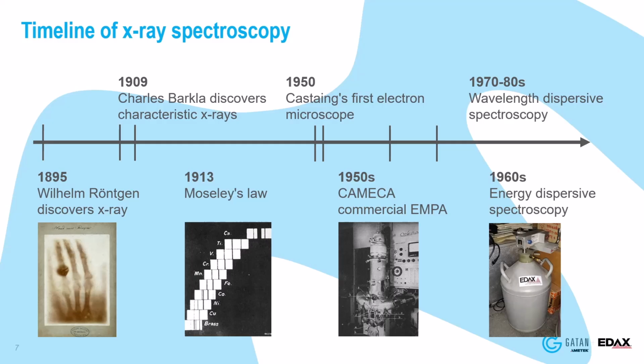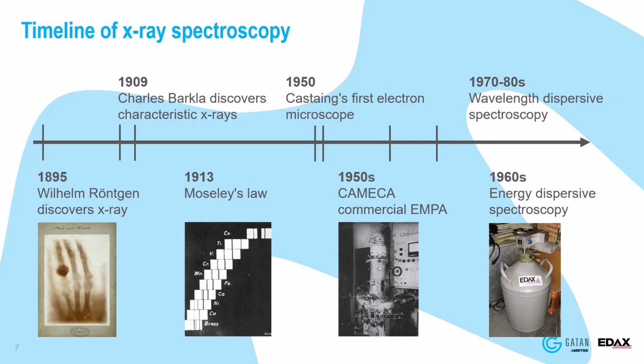The discovery of X-rays by the German physicist Wilhelm Röntgen dates back around 130 years. This breakthrough marked the beginning of a new era in science and technology. However, it was not an overnight transformation.